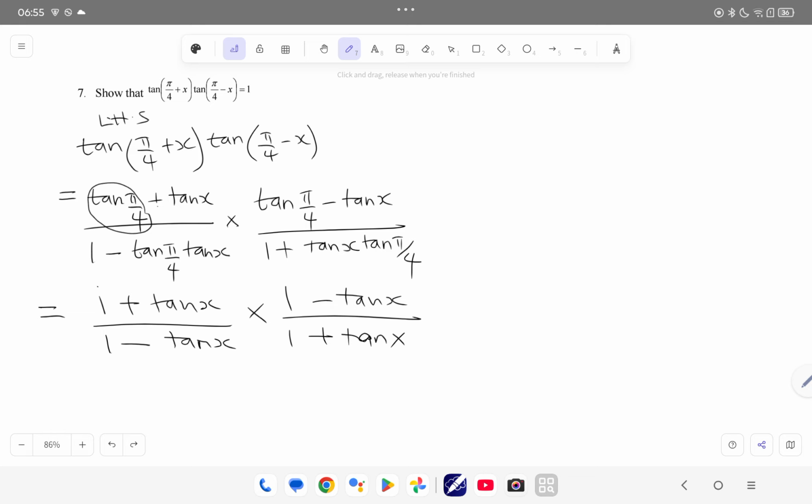Now some things here will divide. This will divide with that. This will divide with that. And we end up with a 1, which is our right hand side.